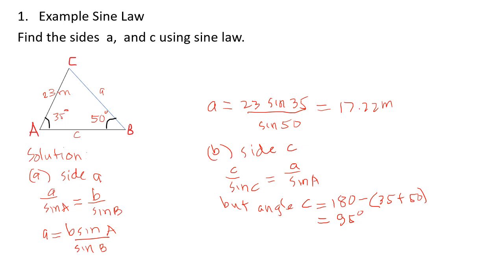So you have c over sine 95 equals 17.22 over sine 35.